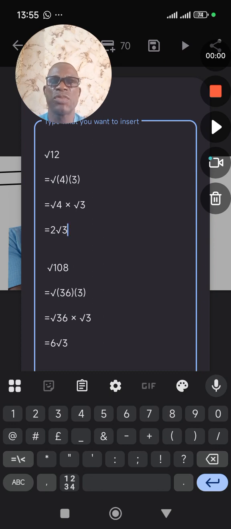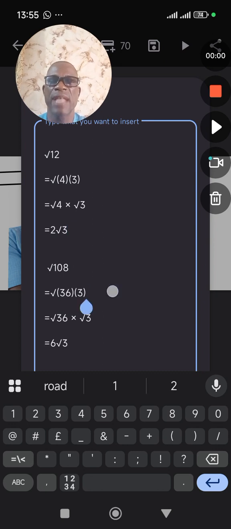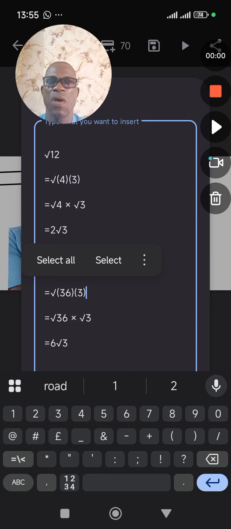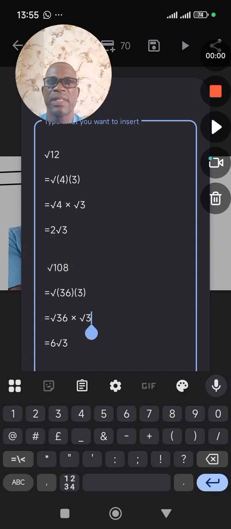So it becomes square root 36 times 3. Or rather, it becomes square root 36 times square root 3. Square root 36 is equal to 6, and we now get 6 square root 3.